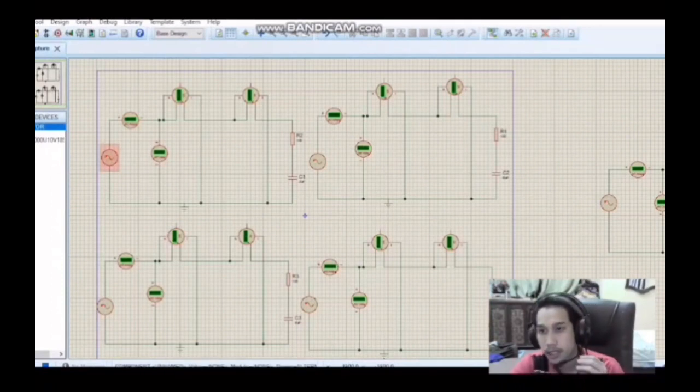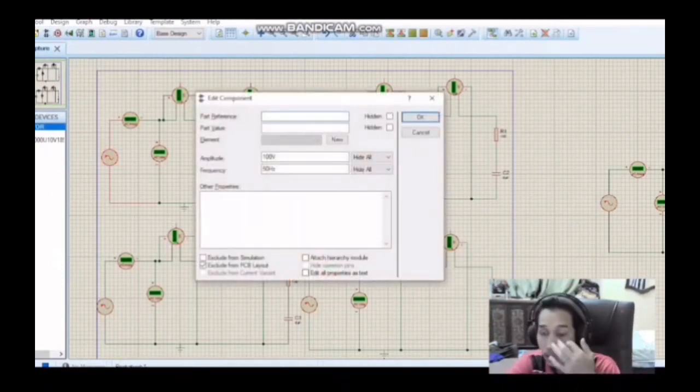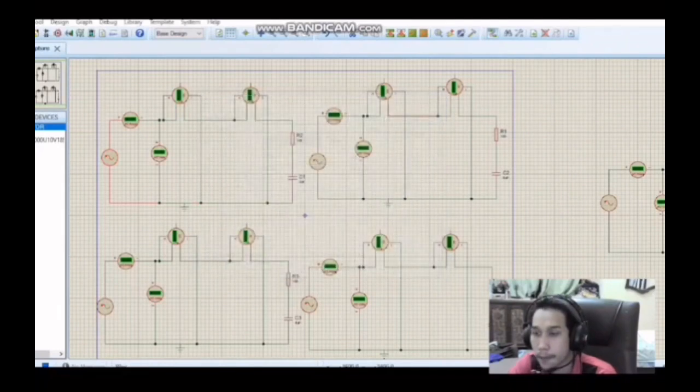Okay, for the alternator, we set the amplitude to 100 volts, and the frequency we set to 50 hertz.